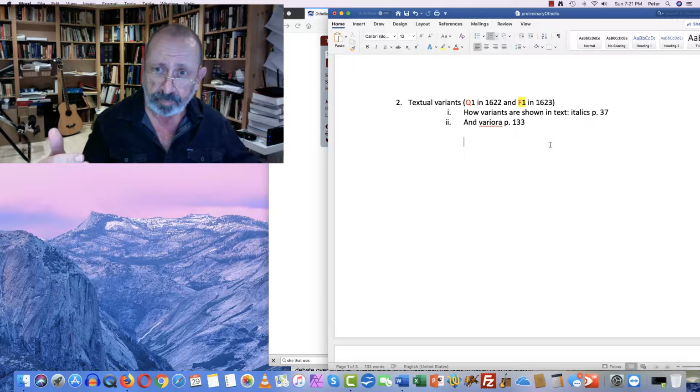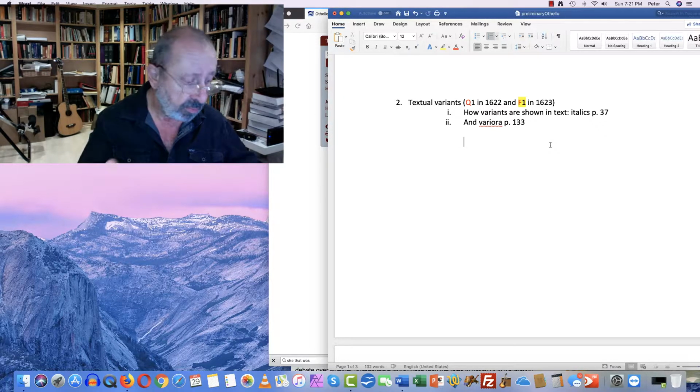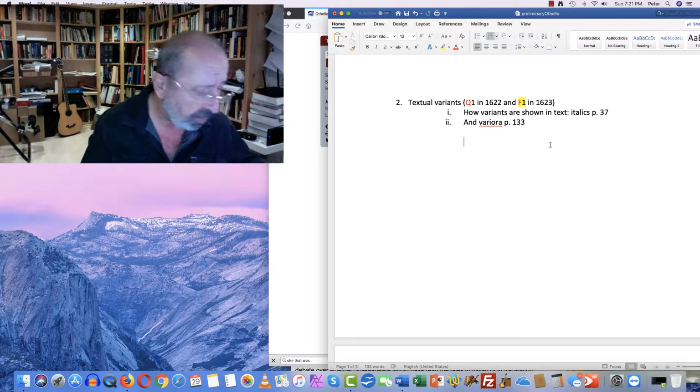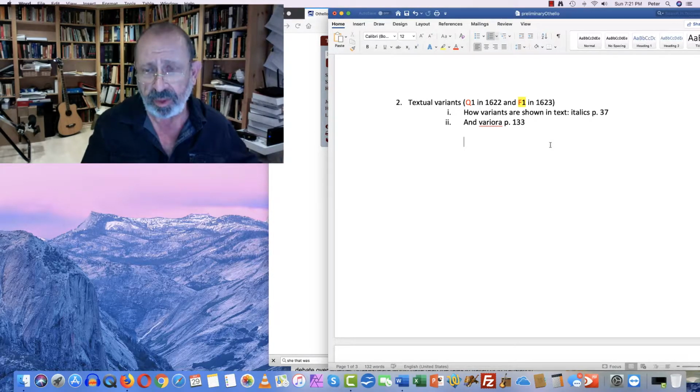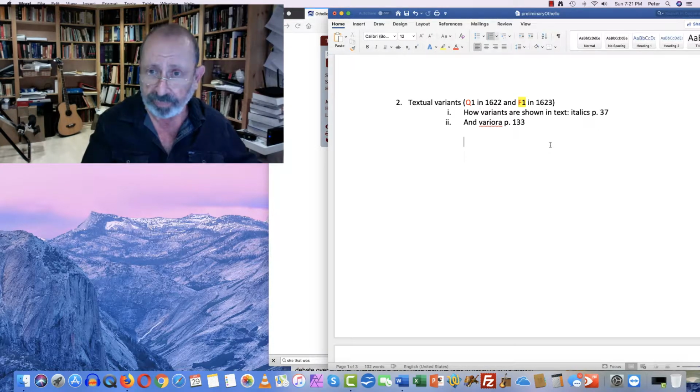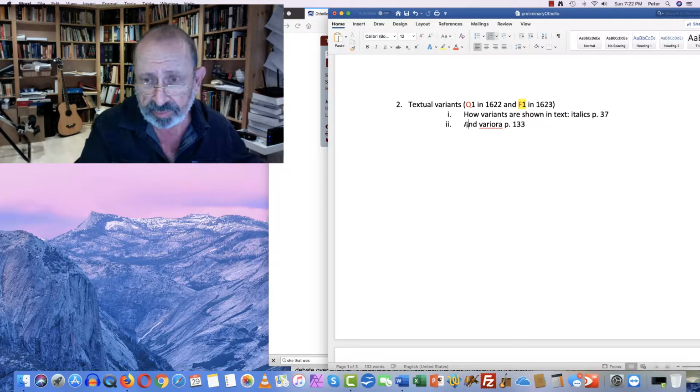The italics tell you that the text you're reading comes from Q and is not present in F1.